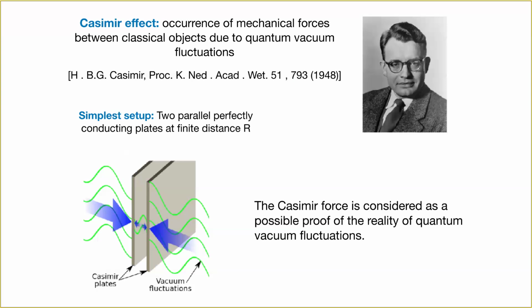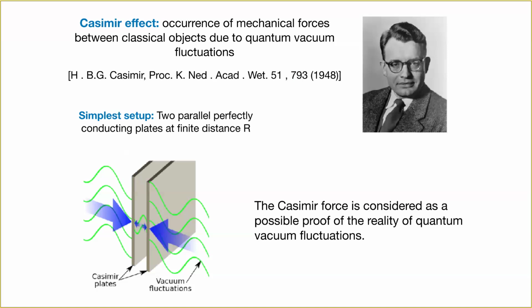And if we subtract the energy density between the plates and out of the plates, then we get Casimir energy. Somehow it is considered as a vacuum. But one of the proofs of the reality of this is the Casimir force.